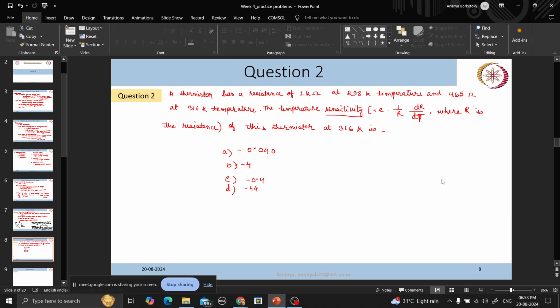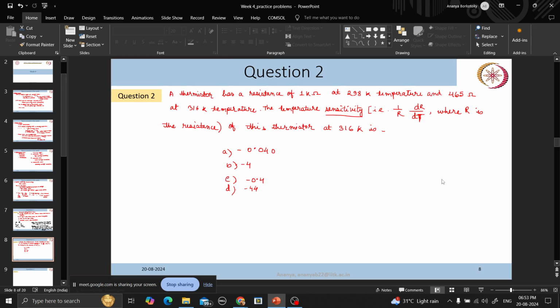You can use the expression for output of a sensor that was discussed in the first lecture for this week, thermal sensor. The expression was given as S equal to S naught exponential beta m into 1 by T minus 1 by T naught. Similar expression I have discussed in the first lecture in week 1, the relation between resistance and temperature of a thermistor.